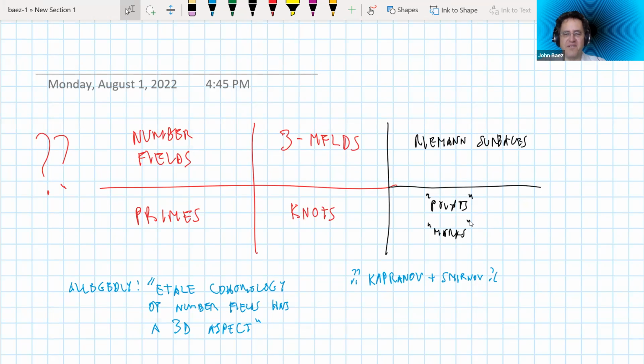Maybe that is the weird one. Then there's the other dimension that's weird from some point of view, which is that each prime you think of as being a little hole that has a little circle that goes around it, which is connected to the Frobenius. Well, that is definitely this extra third knot dimension.